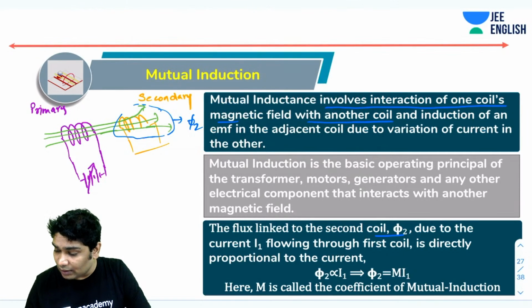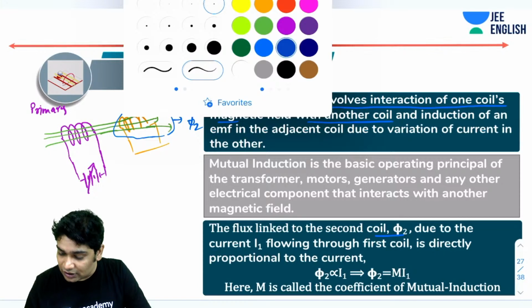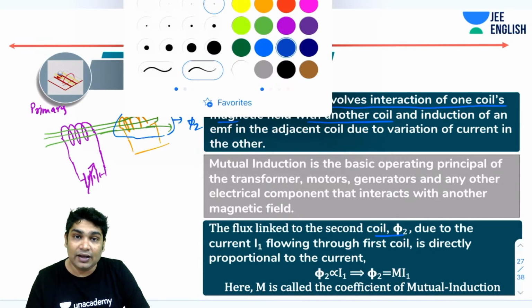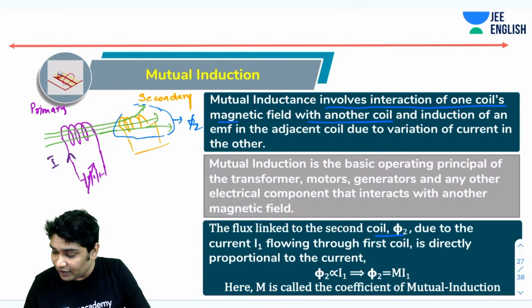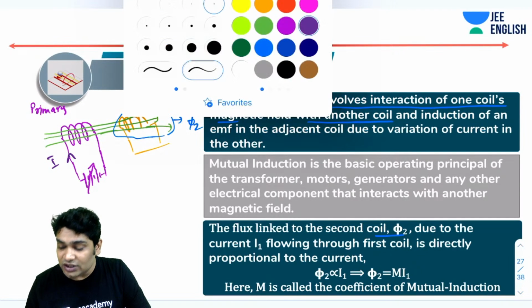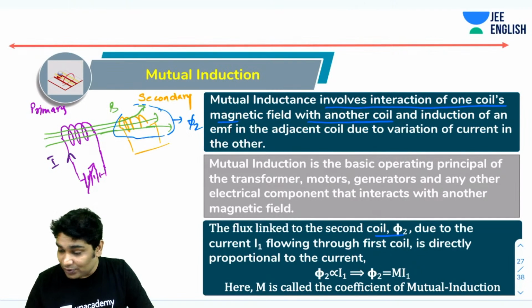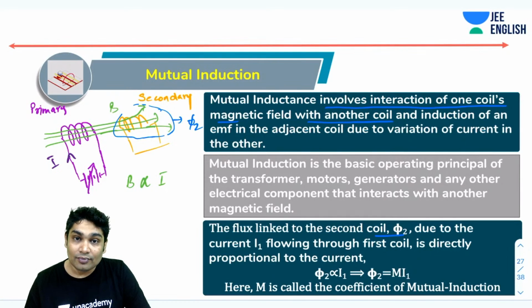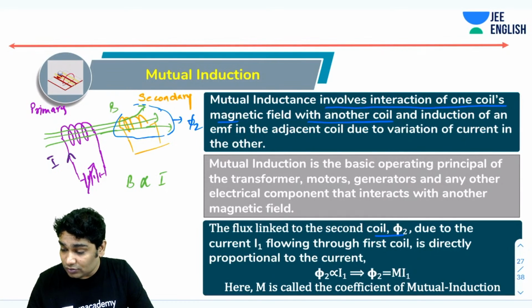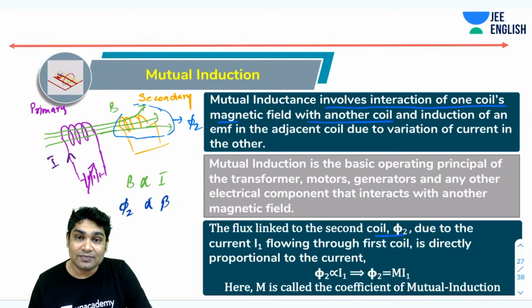So if in coil number one, imagine the current was flowing as I, whatever this magnetic field is being produced, I hope you remember that this B would be proportional to I, right? How about phi 2? I can now say that phi 2 would be proportional to B. The more the magnetic field, the higher would be the flux linkage.